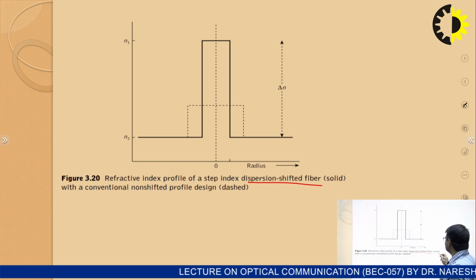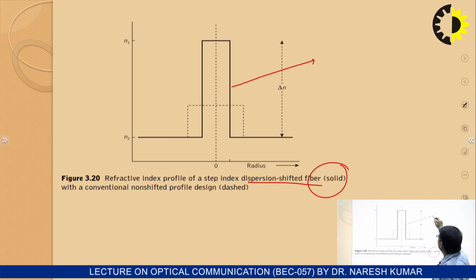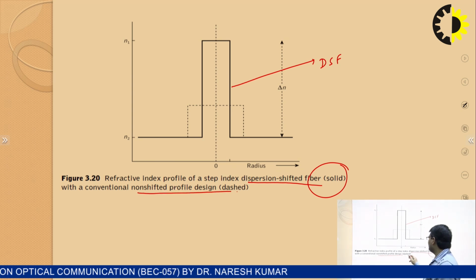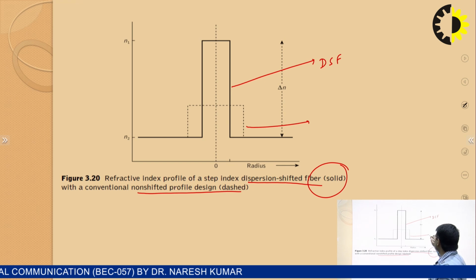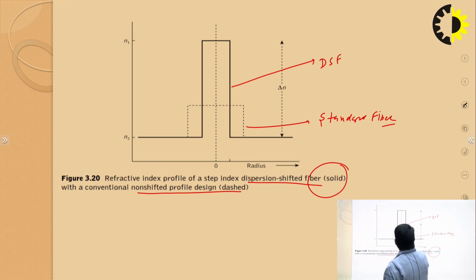Where this solid line is the dispersion shifted fiber, whereas the non shifted fiber is the dashed line. This is the standard fiber. So what we have done is we have reduced this. This was the original diameter, and now this is the reduced diameter.